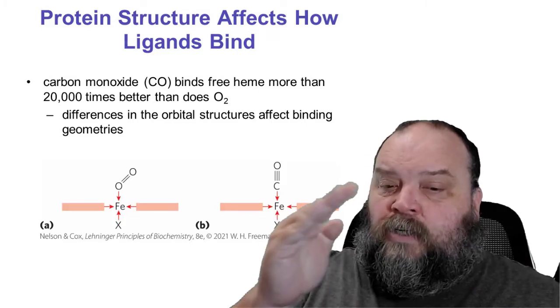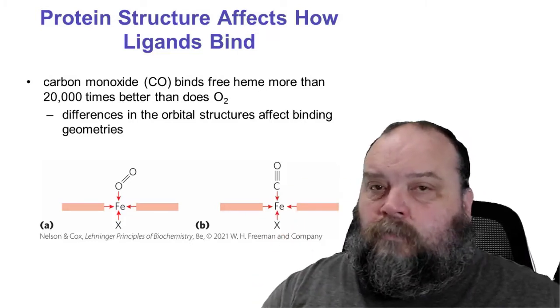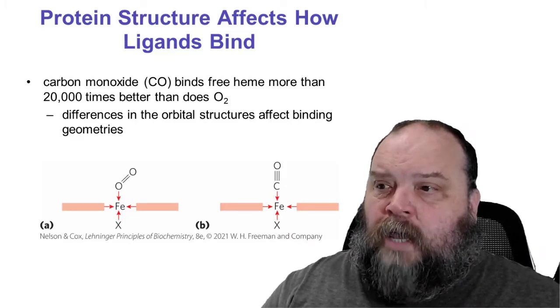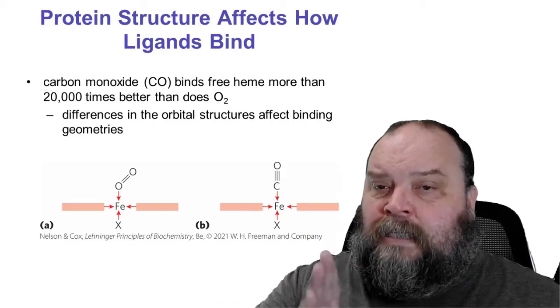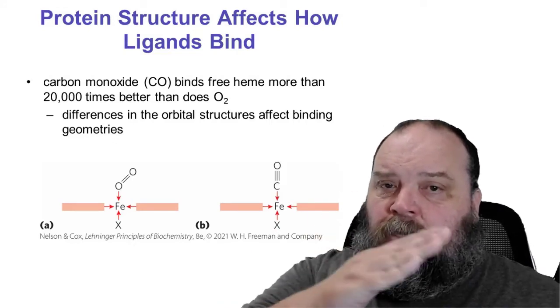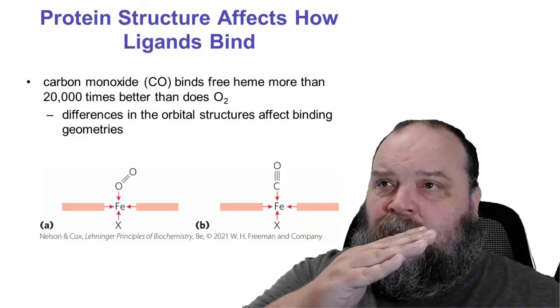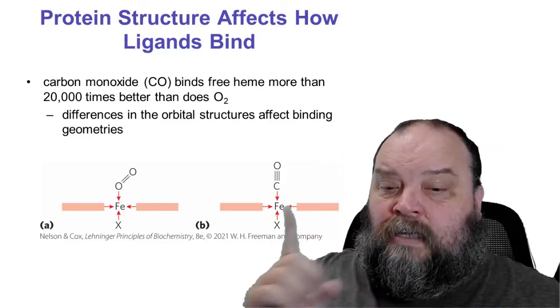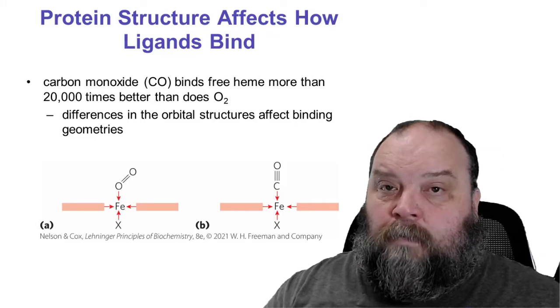We see that oxygen is off to an angle, reversible binding. And as we've talked about in previous chapters when it comes to hydrogen bonding and things like that, angles, anything's off to an angle, it is not as strong an interaction as if everything is in line, as we see here with carbon monoxide.